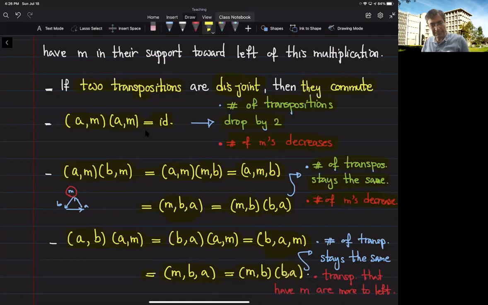So through this process, I can move all the transpositions that have M in them towards the left of this multiplication. But when 2 of these transpositions that have M in them collide, either both of them disappear, and we have an explosion and both of them disappear, or the number of M's gets reduced and we end up getting 1 less M. So we do this kind of moving towards left till we have a collision, and when we have a collision, either both of them disappear or 1 M gets disappeared.